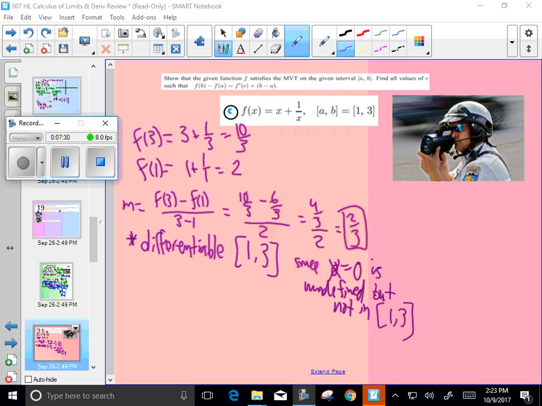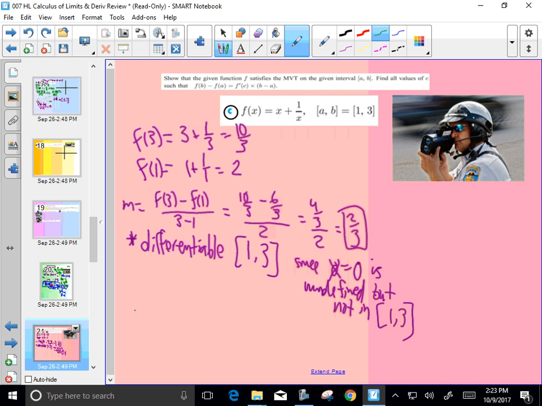You don't have to write this, but I am going to for your help. Undefined, but not in 1, 3. So that's good. So they're saying that if you took the derivative of the function at c, you should get a value equal to 2/3, or m. But I have m equal to 2/3. So then you take the derivative of this. What's the derivative of x plus x to the negative 1?